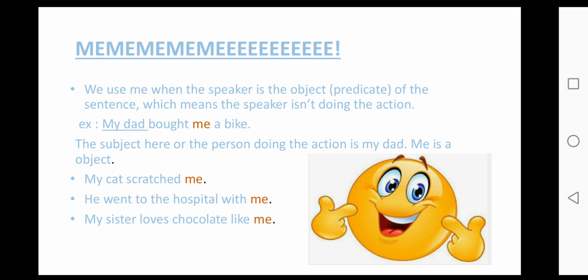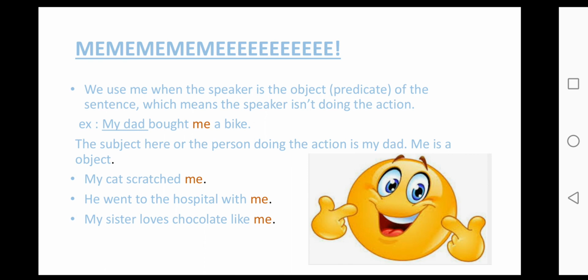Now, if you want to make it easier for you, I'll make it easier. The pronoun me comes after the verb, not before the verb. So the pronoun me comes after the action.